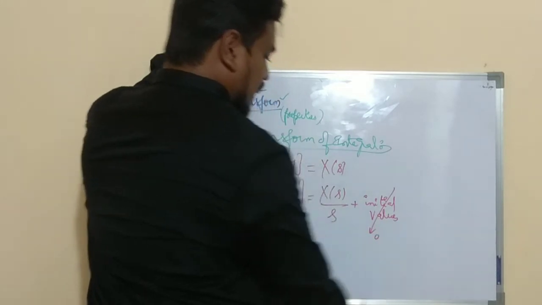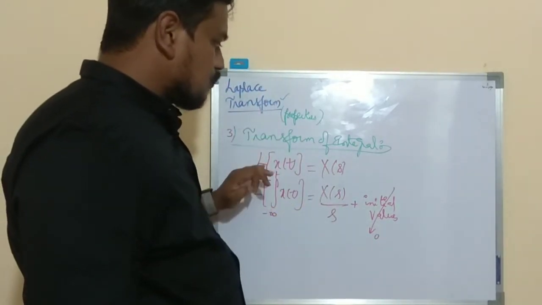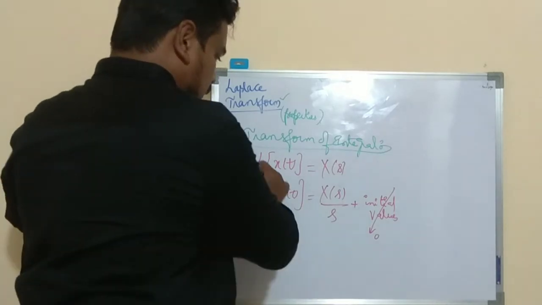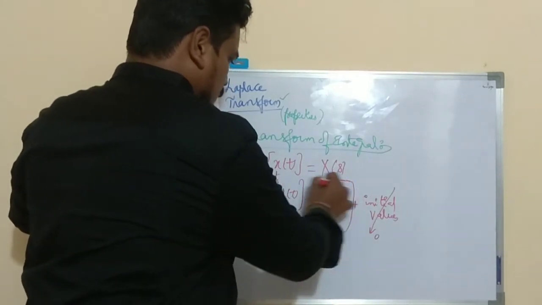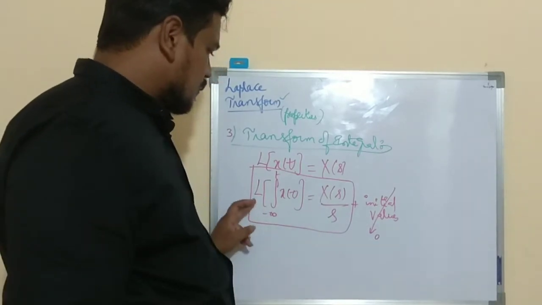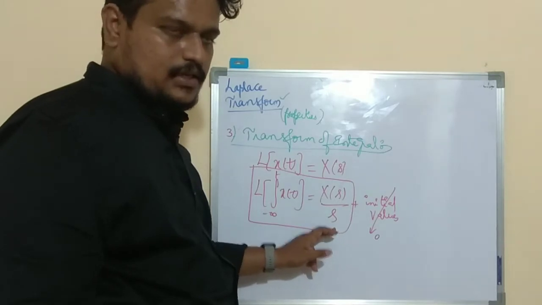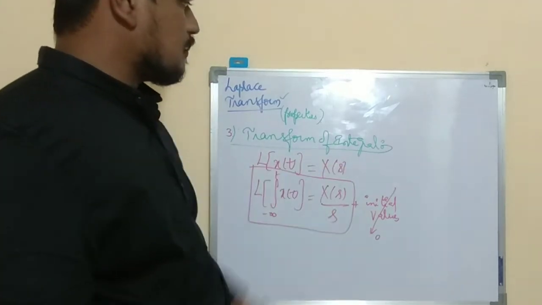This initial value vanishes. There is a proof for this, but for doing problems you need to know just this part. So the Laplace transform of the integral of x(t) is X(s)/s. This is the transform of integral.